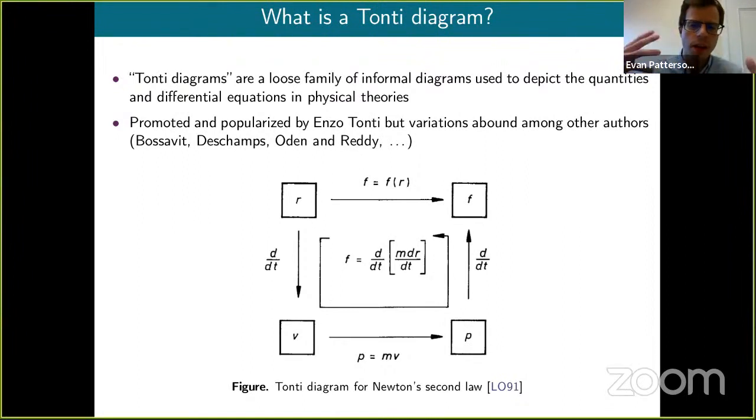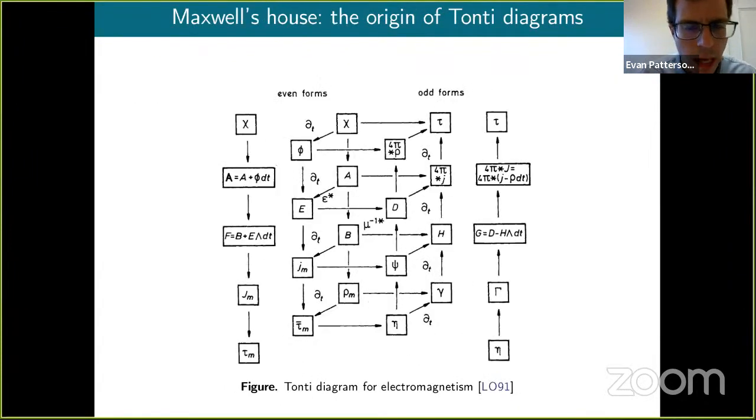But there are a lot of variations of these that appear in the literature, and they're not always called Tonti diagrams. Here's one which is supposed to be showing just Newton's second law. The classic starting point for all this is the way that Maxwell's equations appear in the exterior calculus.